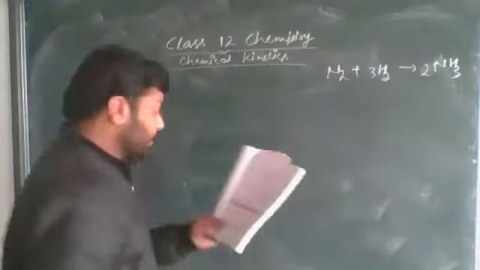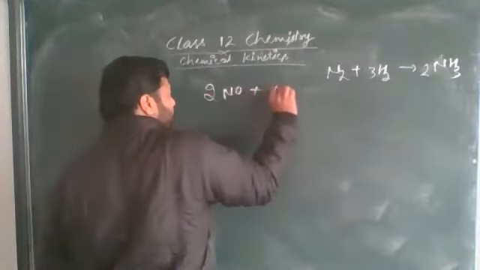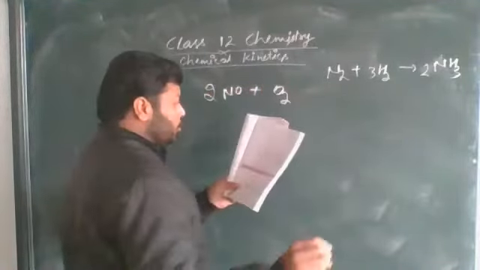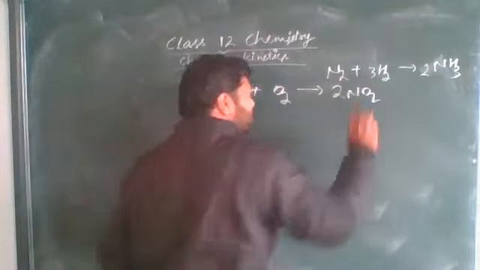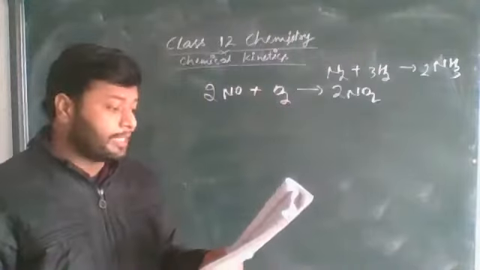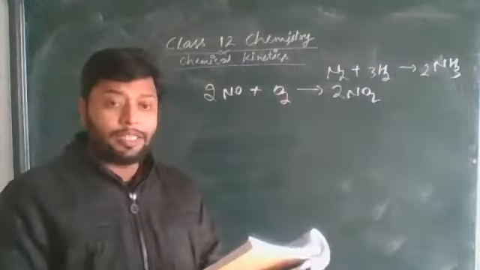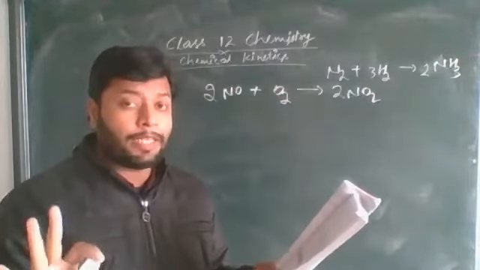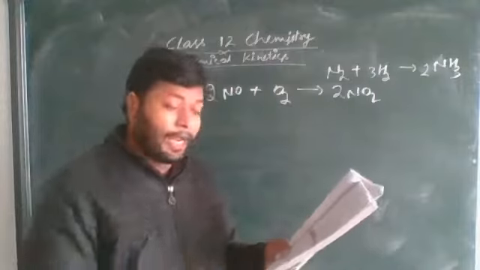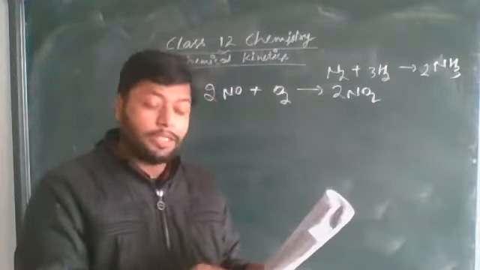The reaction is this: 2NO plus O2 gives 2NO2. In the table, the initial concentrations are given. There are a total of 4 experimental data values given, for the concentration of NO, the concentration of O2, and the rate of formation of NO2.